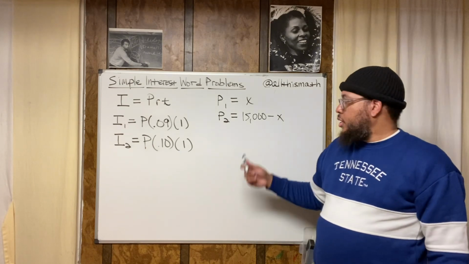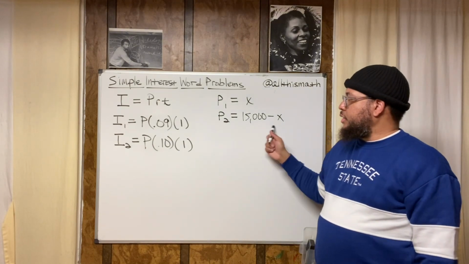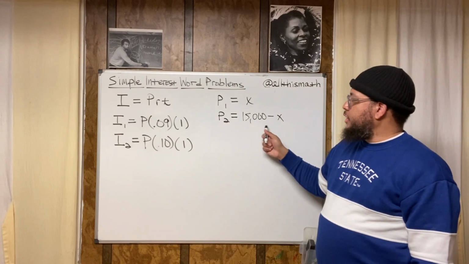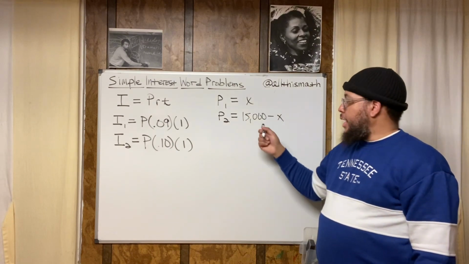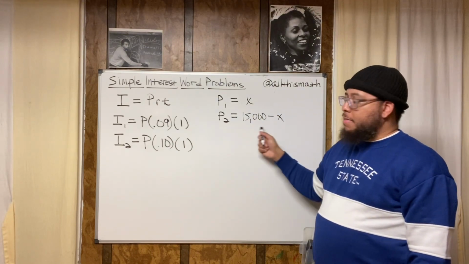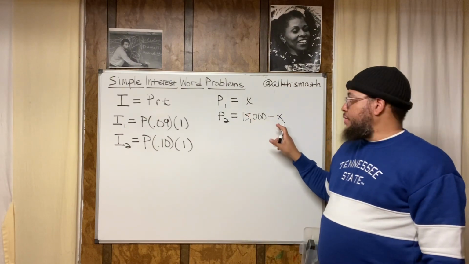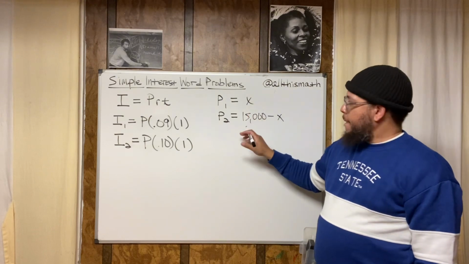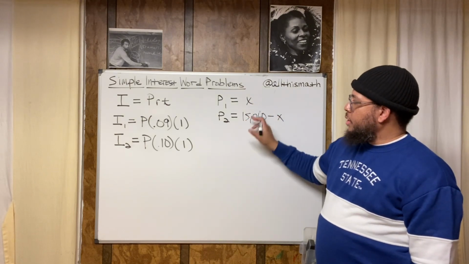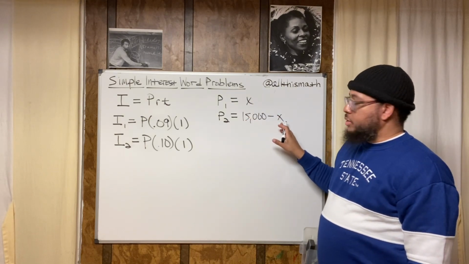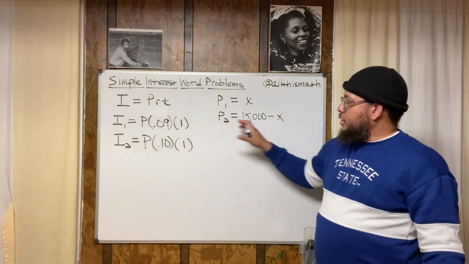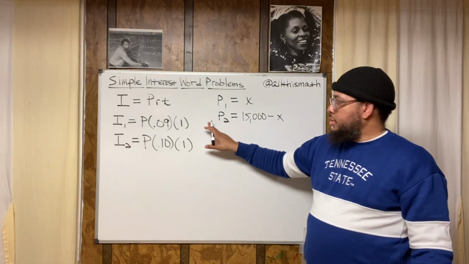It is. So that's why this expression is a good expression. You take the total amount and subtract the other amount, and that leaves you with the second investment. Same thing if it was 8,000 and 7,000. If this is 8,000 and you do 15,000 minus 8,000, that leaves you with 7,000. So the second investment would have to be 7,000, right?